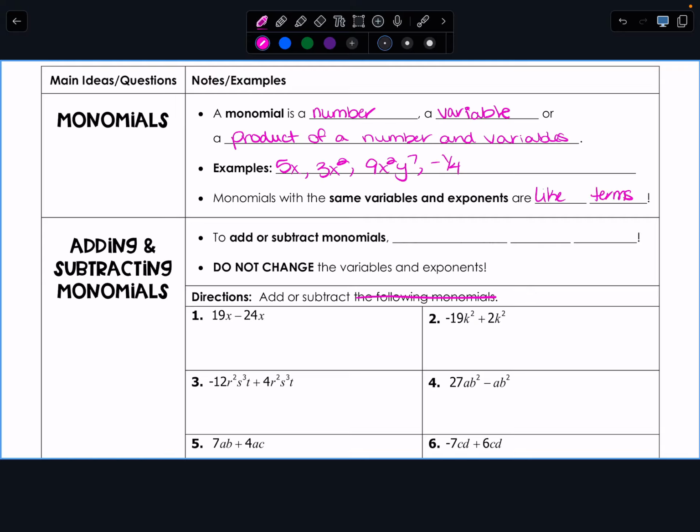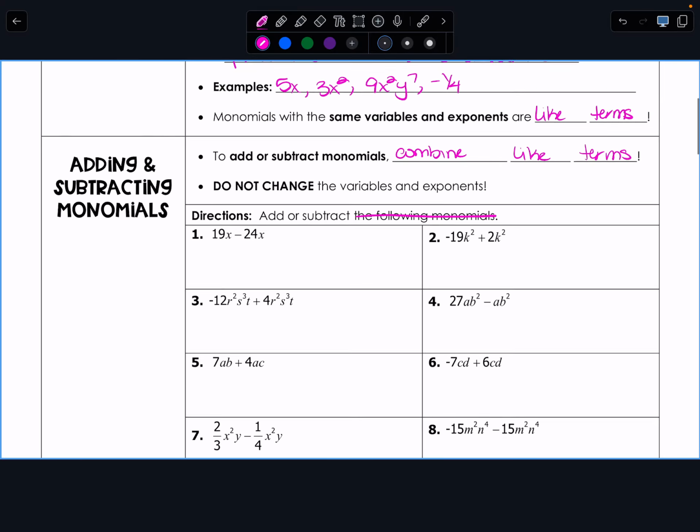To add and subtract monomials, we are going to combine like terms. We don't change variables and exponents. If they don't have the same variables, we can't do it. We are not combining apples and oranges together with bananas. We're not making a fruit salad. We are literally only combining oranges together. Don't try to add and subtract things that are not the same.